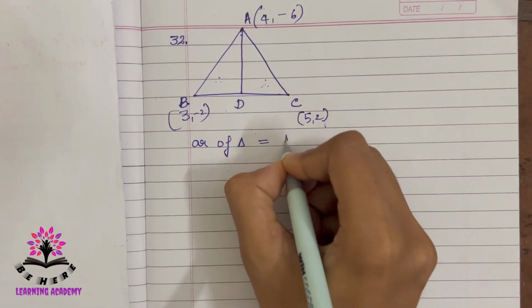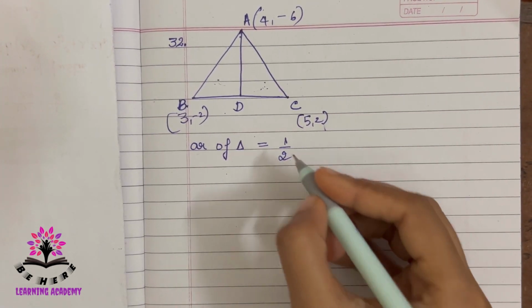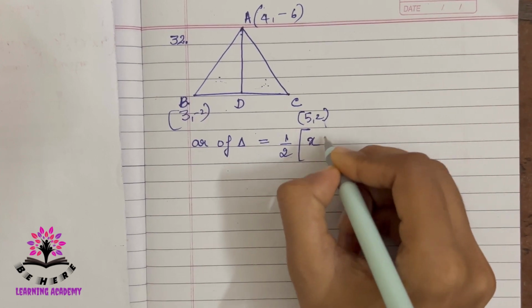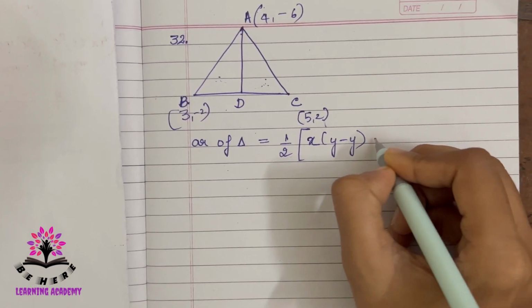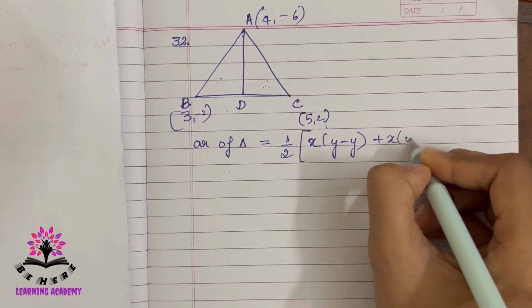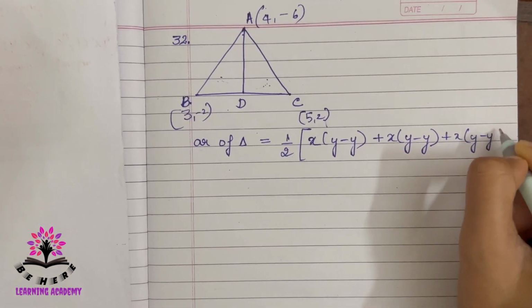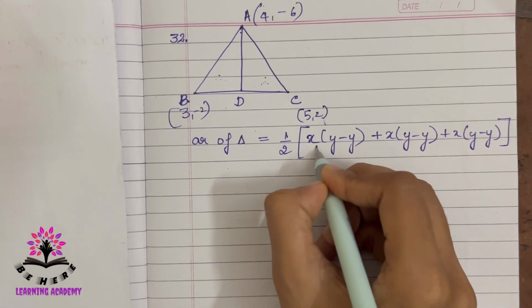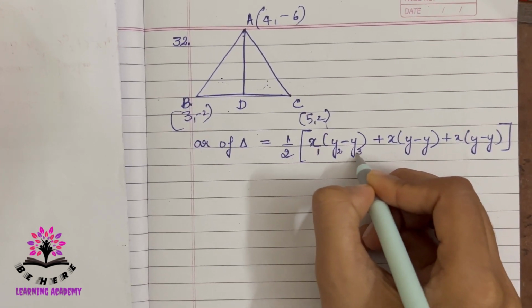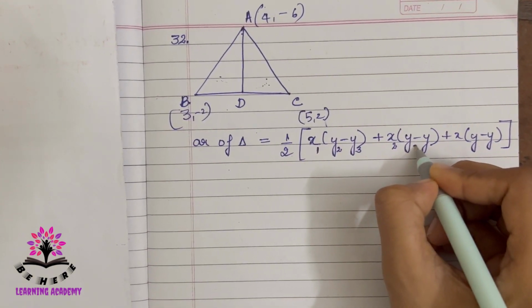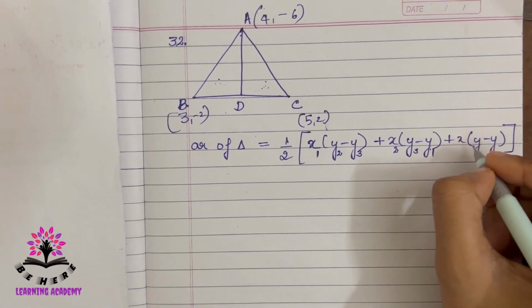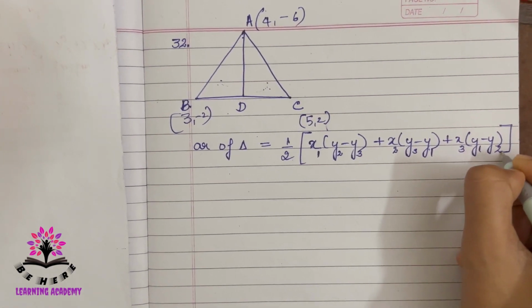So half into, there is an easy way to remember, put the bracket x1 (y2 minus y3) plus x2 (y3 minus y1) plus x3 (y1 minus y2). Then start writing the numbers 1, 2, 3, 2, 3, 1, 3, 1, 2.